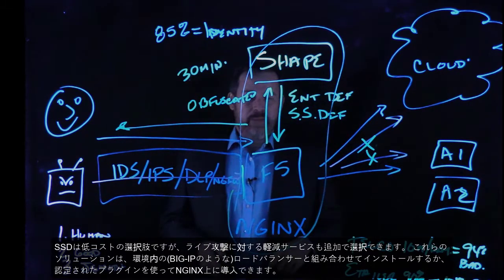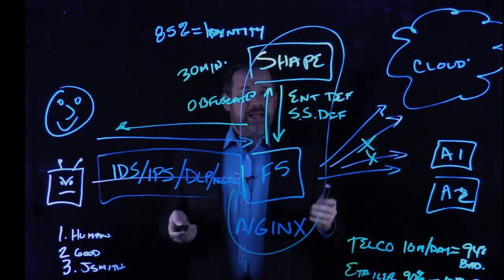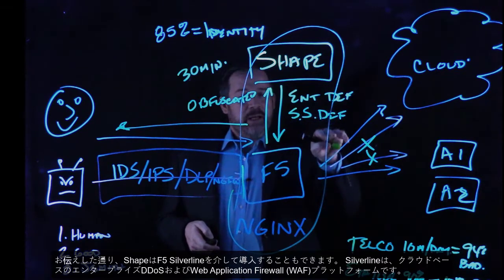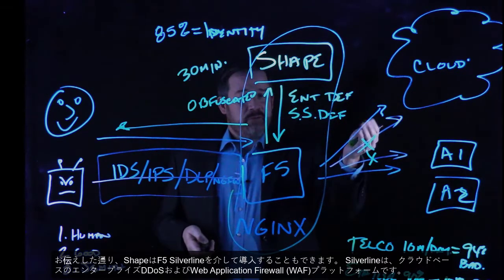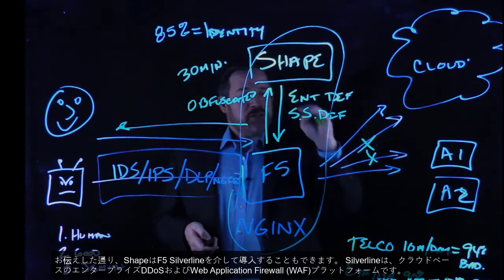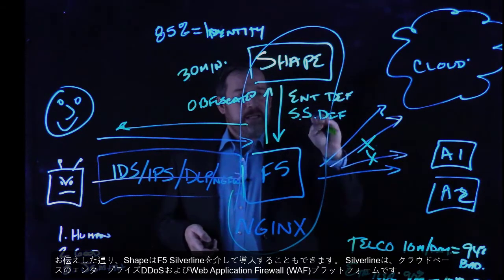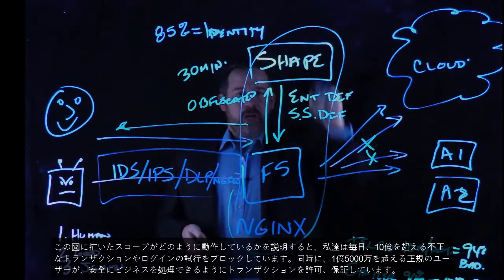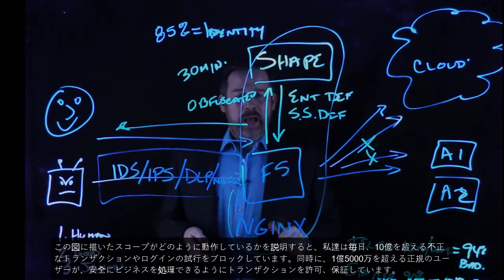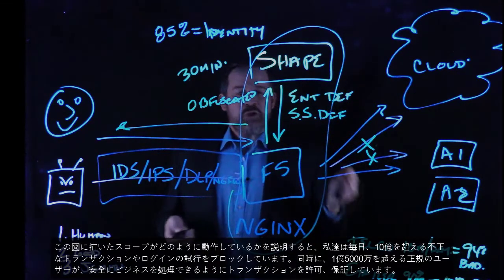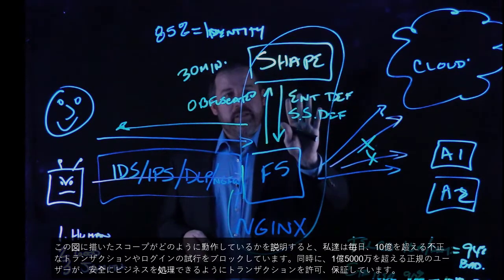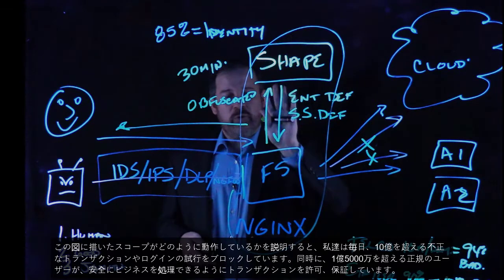All of these work together. So as I said, Shape can be implemented through Silverline as it's a part of Silverline. Silverline is our cloud-based enterprise DDoS and web application firewall platform. To give you an idea of the scope at which we operate, every 24 hours, we block more than 1 billion fraudulent login requests.